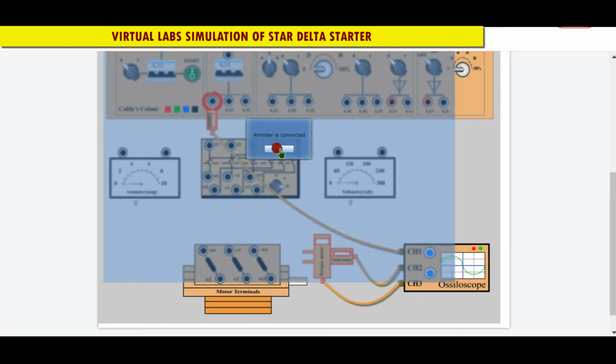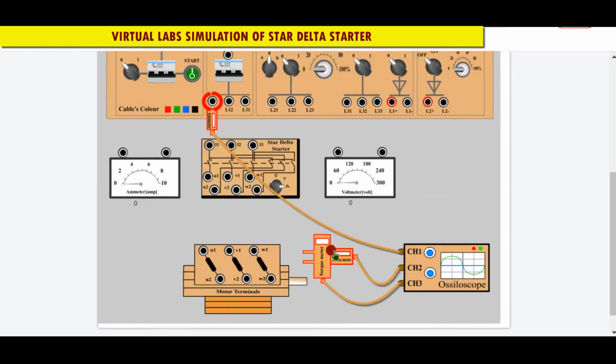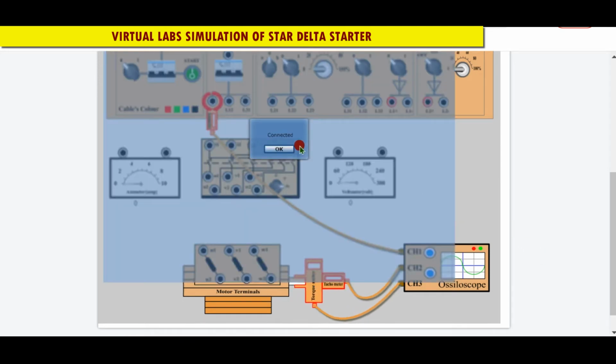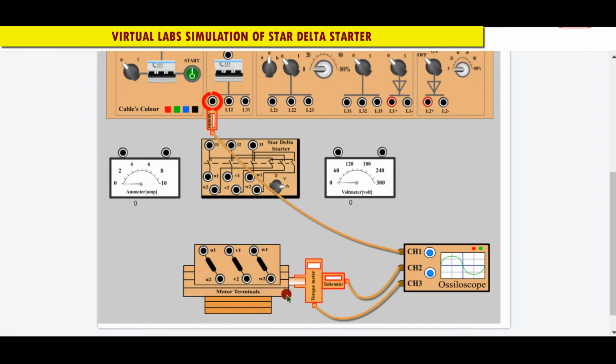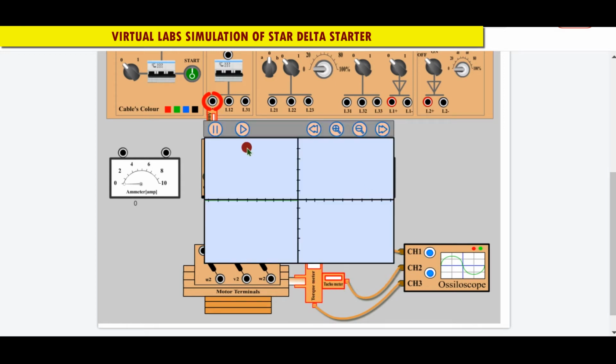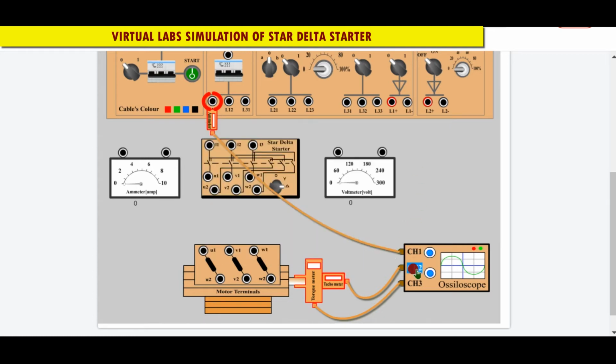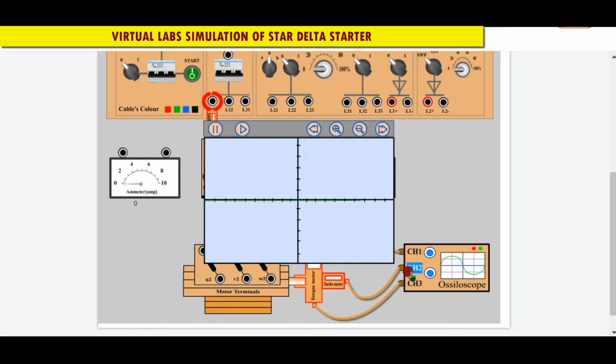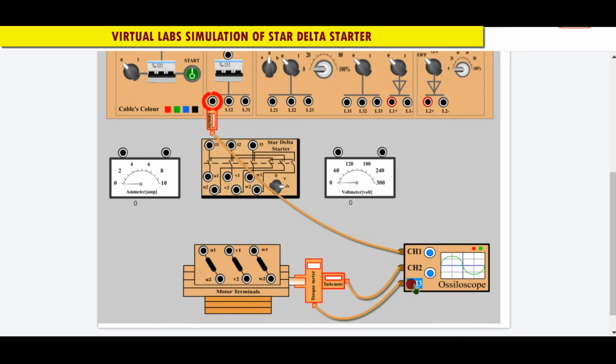Then try to align the torque meter and tachometer with the shaft of the motor. It is aligned and connected. The waveforms will be shown on the oscilloscope, where you can see CH2 and CH3. Then we will connect the circuit.